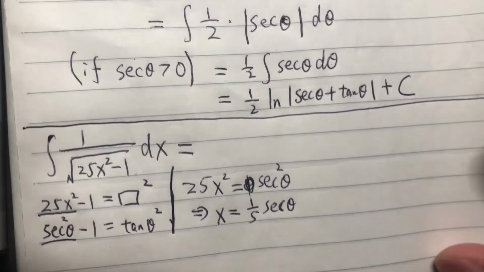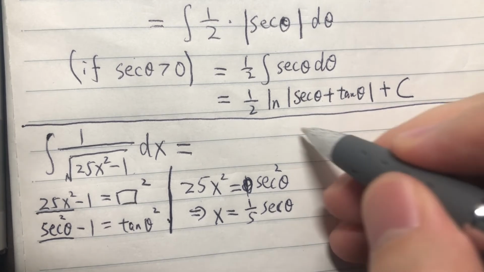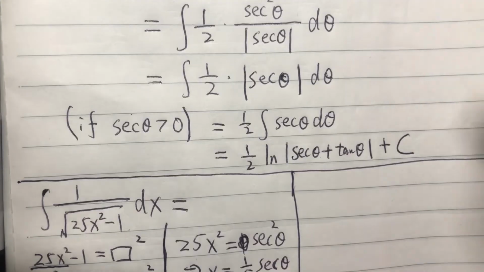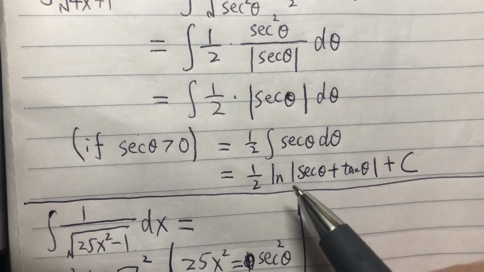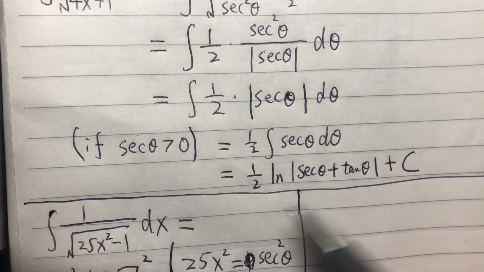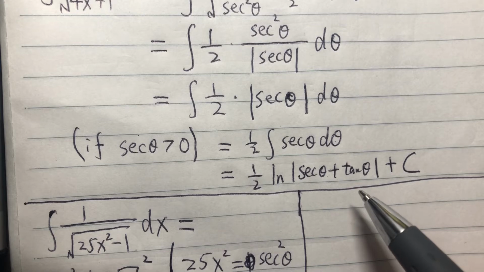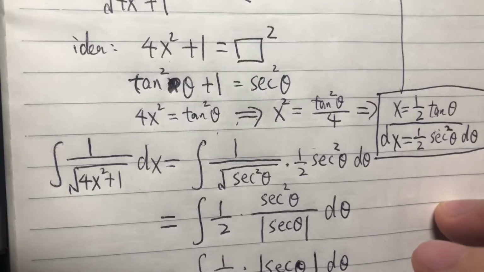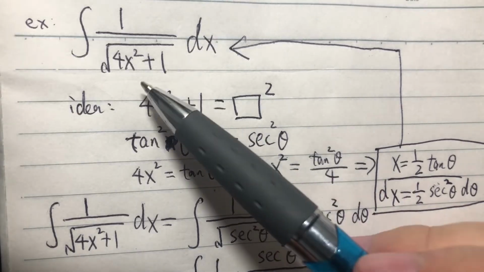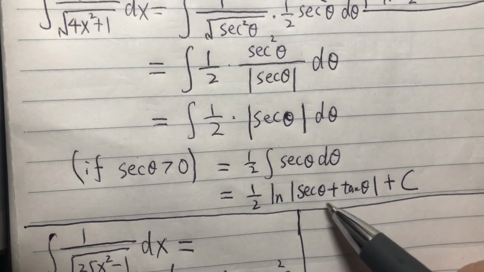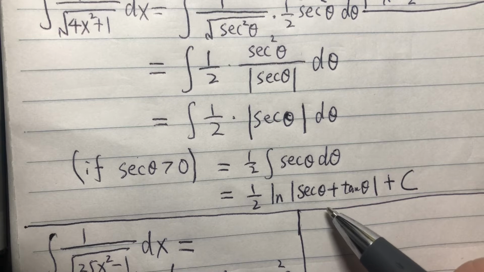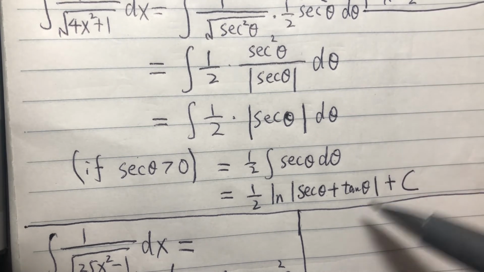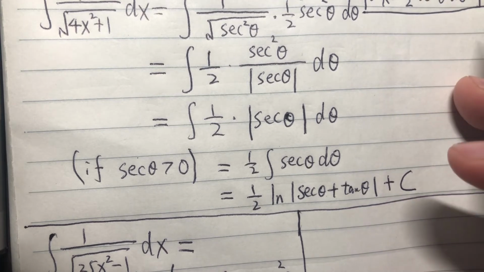Oh, actually, there is one thing I forgot to mention for the previous problem. This is the antiderivative, but it's not the final solution, because the original variable is x, but here we use theta. So we need to rewrite this thing in terms of x.